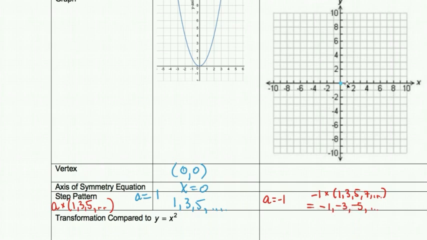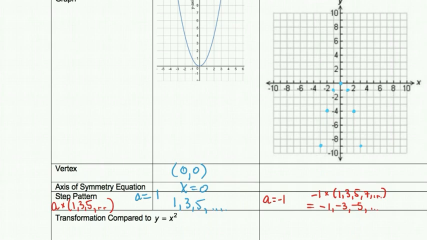So you need to go over 1, down 1. Okay, over 1, down 3, over 1, down 5. And then again, the other way, over 1, down 1, over 1, down 3, over 1, down 5.